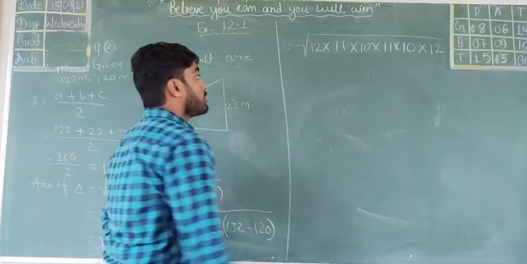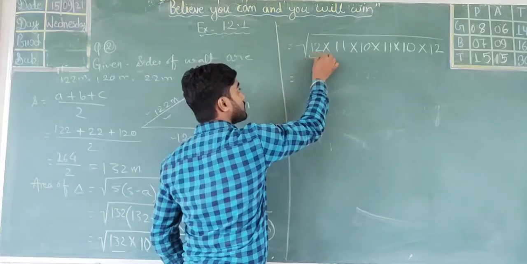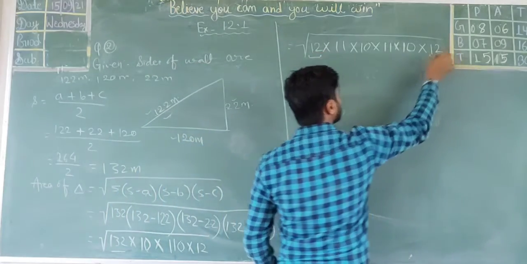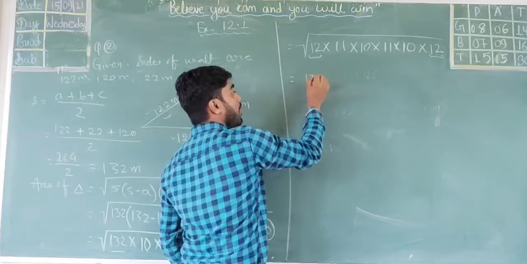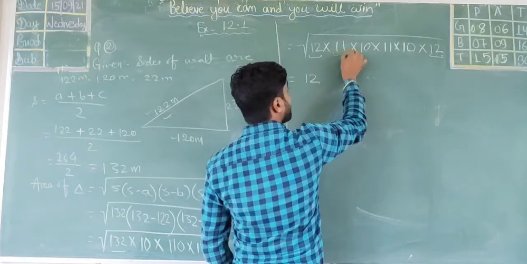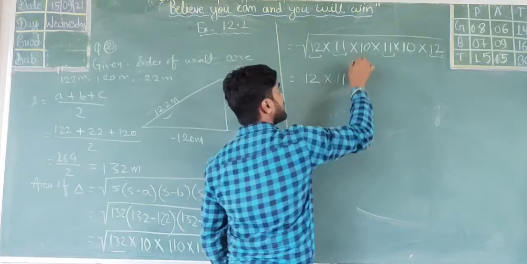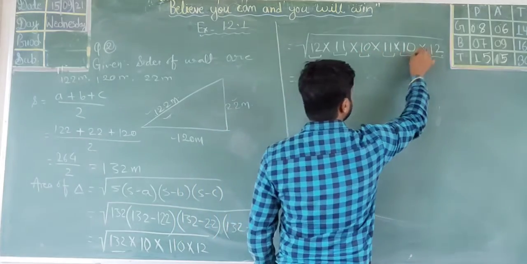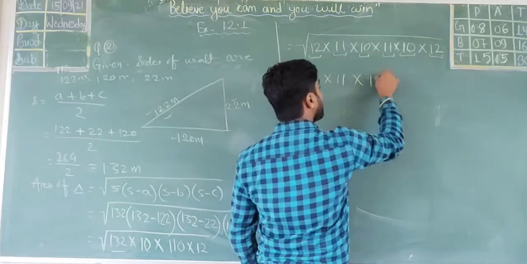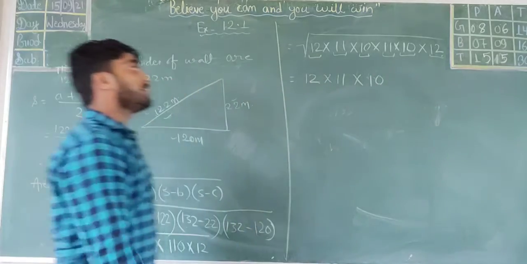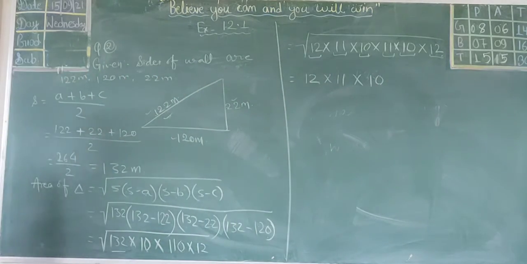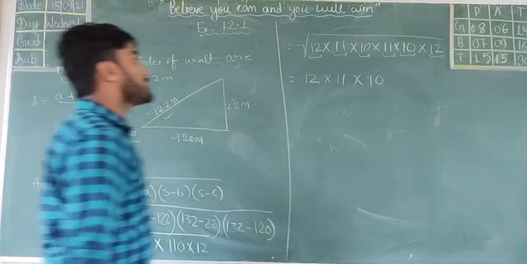Now make pairs. There is 12 and one more 12, so 12 comes outside. There is 11 and one more 11, so 11 comes outside. And lastly there is 10 and also 10, so 10 also comes outside. All the numbers inside the root came outside, nothing is left inside the root.